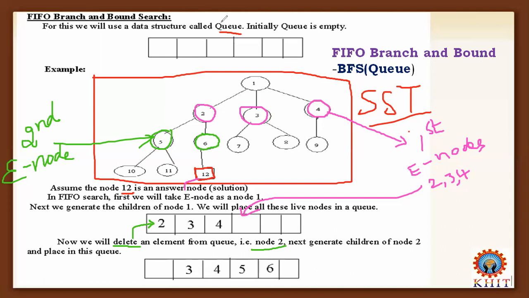Now we will see. If I simply delete node 2 from the given graph, this is called a delete. If I delete node 2, what will happen?